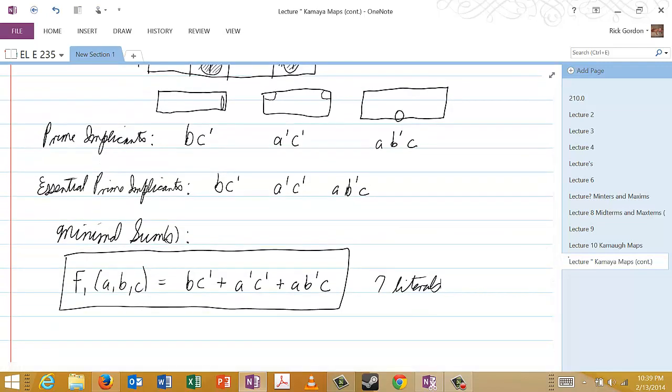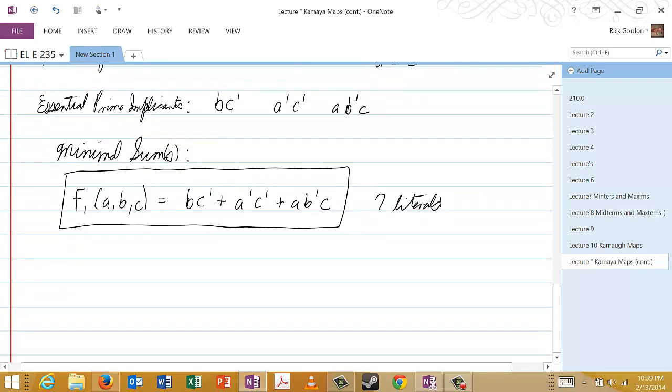But here we would need just 1 3-input OR gate and 2 2-input AND gates and 1 3-input AND gate to implement this in hardware. So this is one of the reasons that we want to learn this procedure for finding minimal sums and then later minimal products. So that's our first complete example of how to use a Karnaugh map.